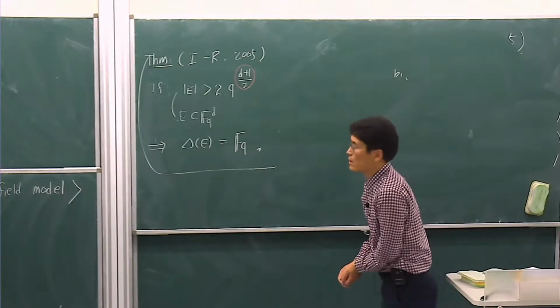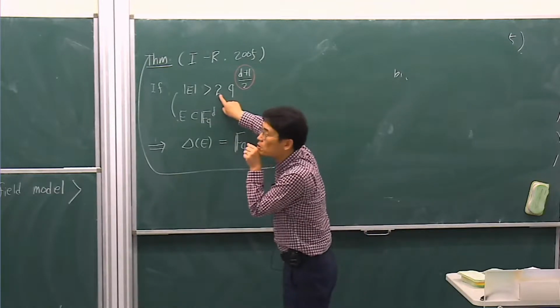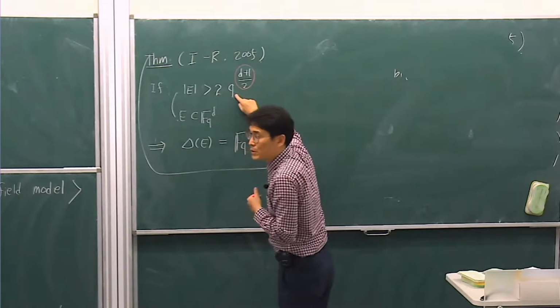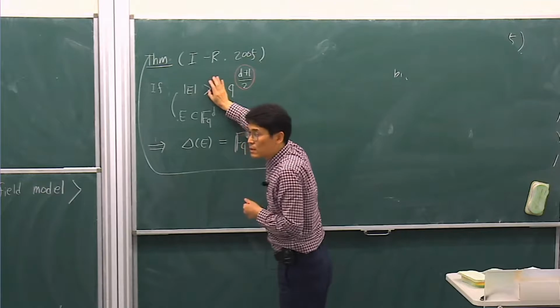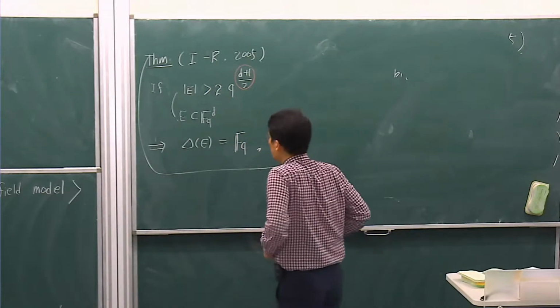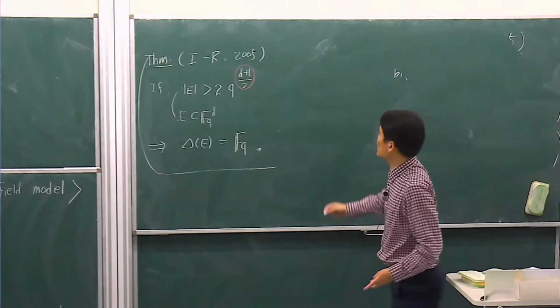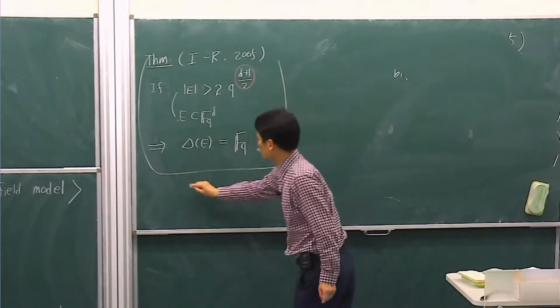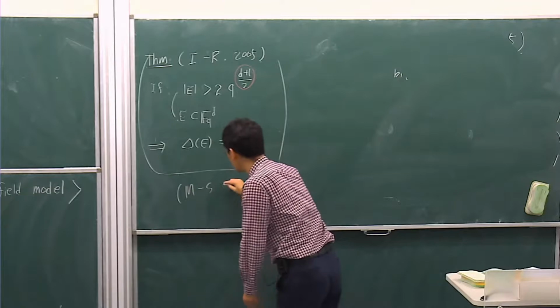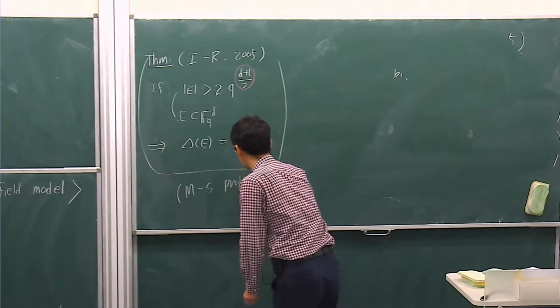The point is that this constant must be independent of q. This is the Mattila-Sjölin result.